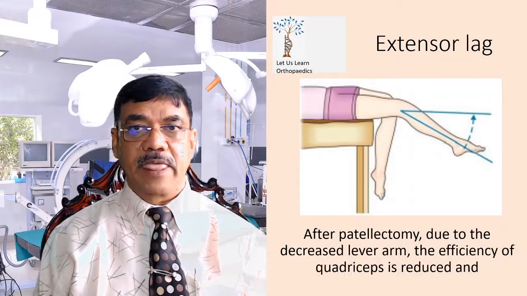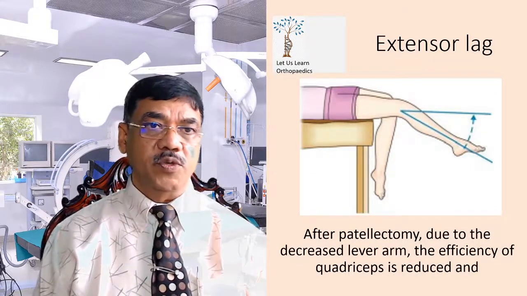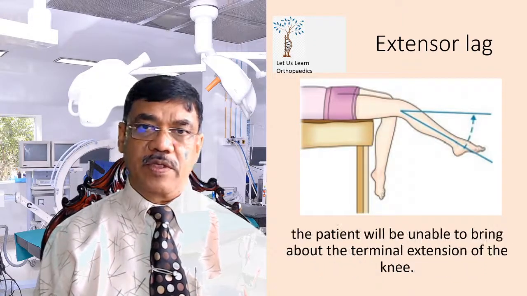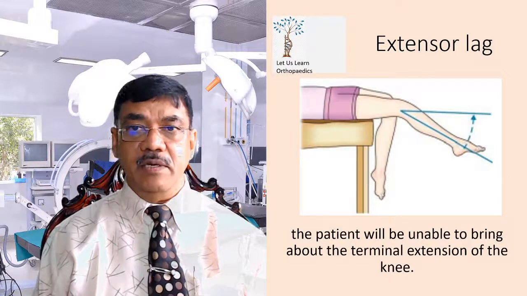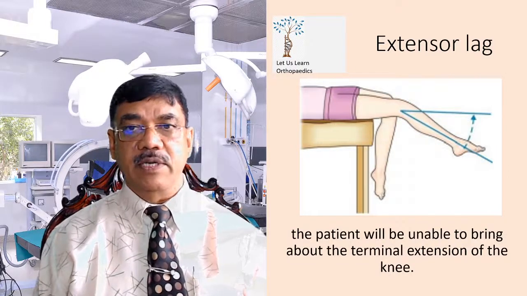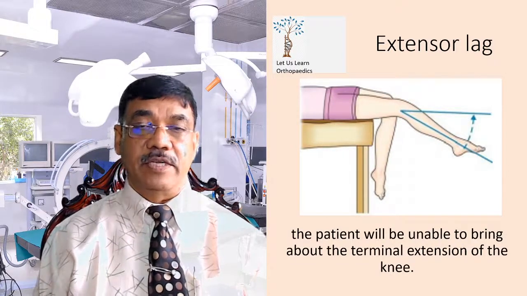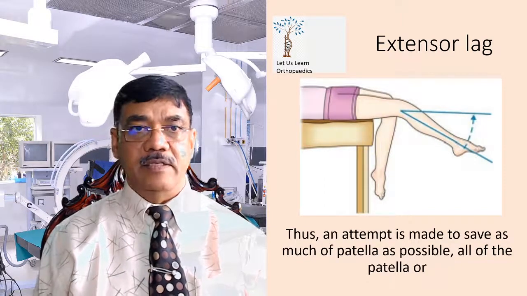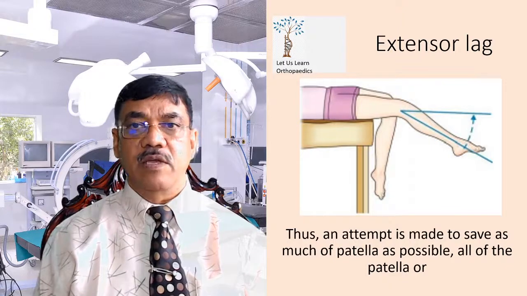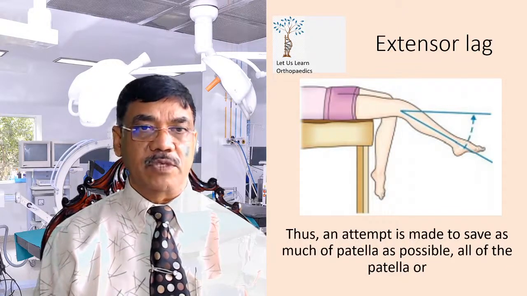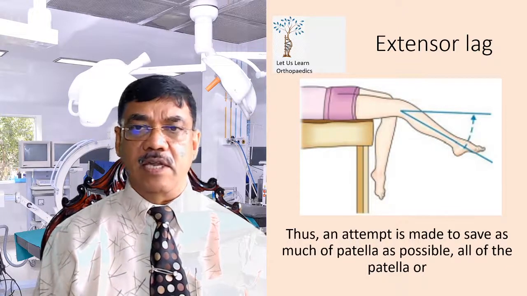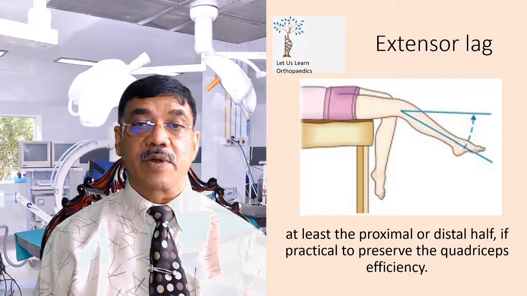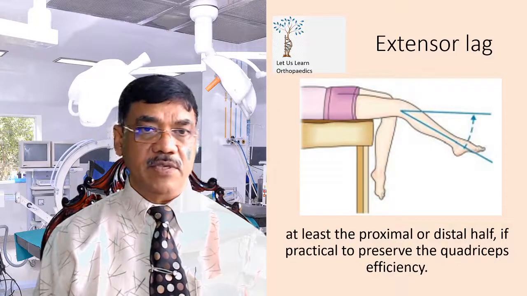Please remember, after patellectomy, due to the decreased lever arm, the efficiency of the quadriceps is reduced and the patient will be unable to bring about the terminal extension of the knee. That is what we call an extensor lag. Thus, an attempt is made to save as much of the patella as possible, all of the patella or at least the proximal or distal half if practical, to preserve the quadriceps efficiency.